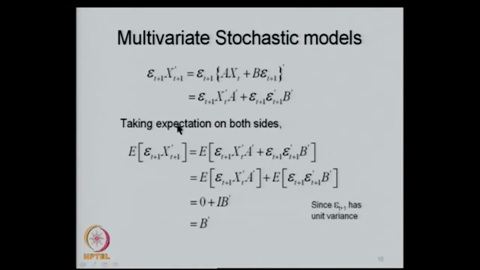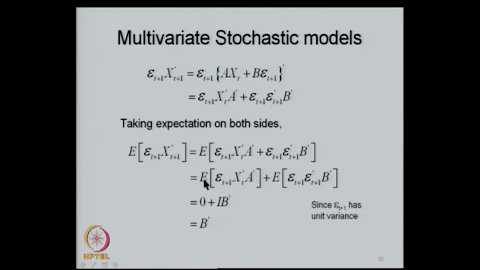Now, on this we take expectation on both sides. So, the expected value of epsilon t plus 1 x dash t plus 1 I write now as the expected value of epsilon t plus 1 x dash t a dash, this term, plus epsilon t plus 1 epsilon t plus 1 dash and b dash. Now, what is this? This a dash is a constant, so it comes out.